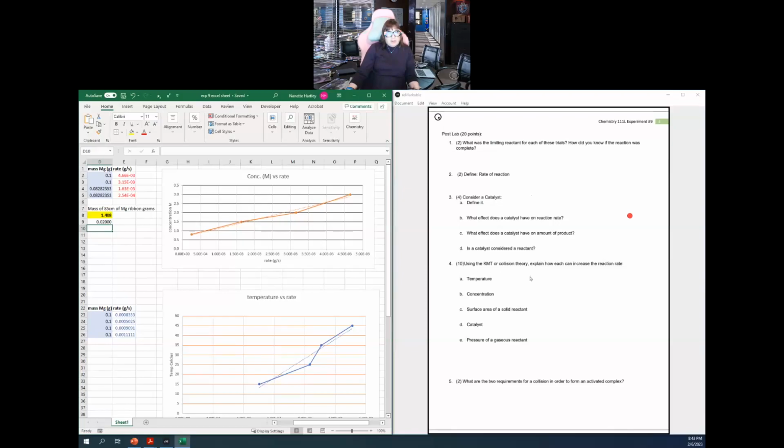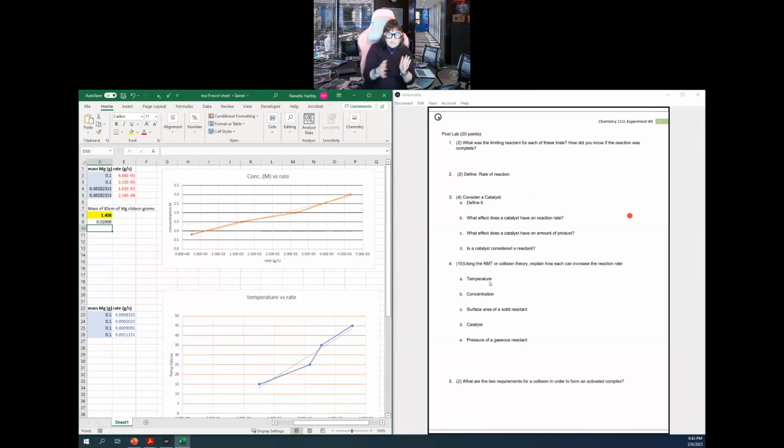Now, using the kinetic molecular theory, the collision theory that we've been talking about, explain how each of these can increase the reaction rate. And so you're talking about this in theory. So when we talk about temperature, for instance, we expect that these molecules have higher values of movement. So they move more at higher temperature.